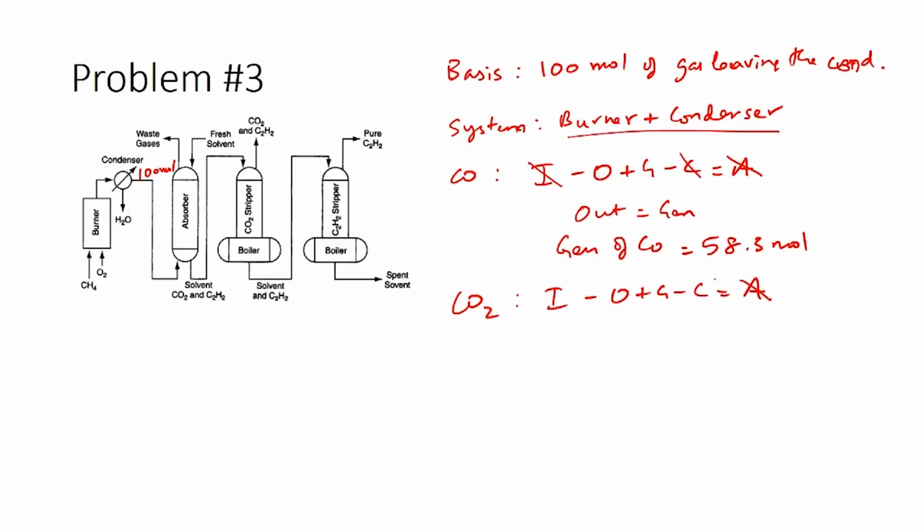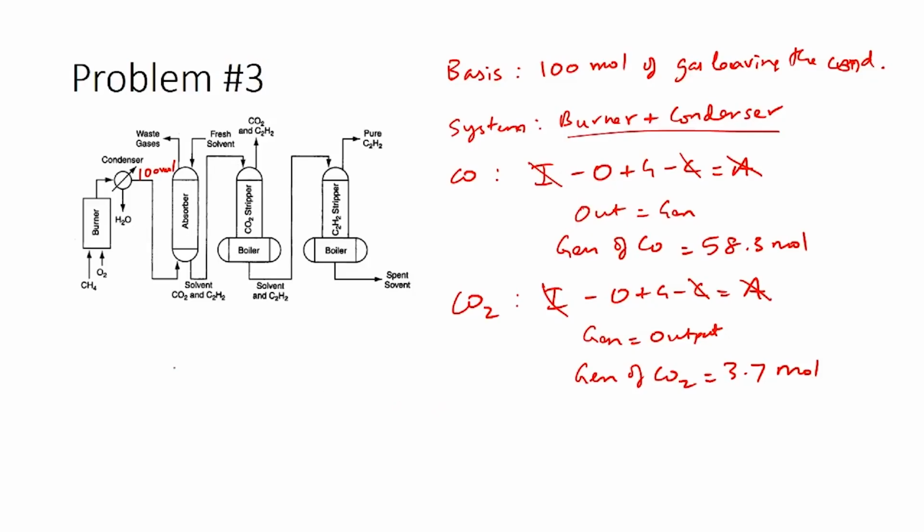Accumulation goes to 0 at steady state, there is no consumption or input for carbon dioxide. So, your equation again simplifies to generation equals output. We have information about output for carbon dioxide. It is told that 3.7% is the molar composition of carbon dioxide in the gases which is leaving the condenser. So, generation of carbon dioxide would be equal to 3.7 moles.